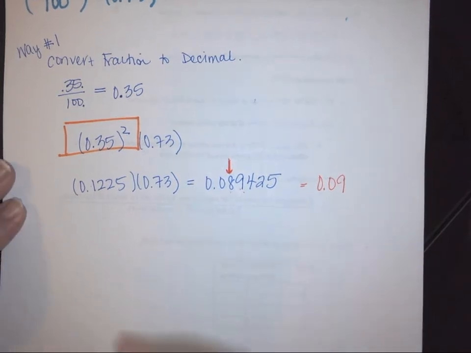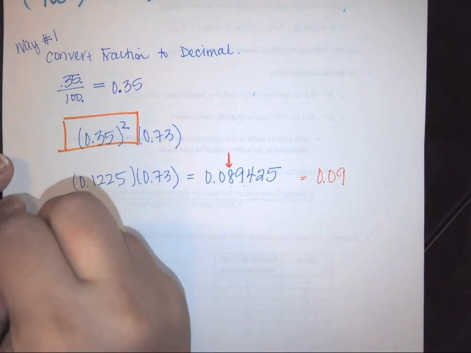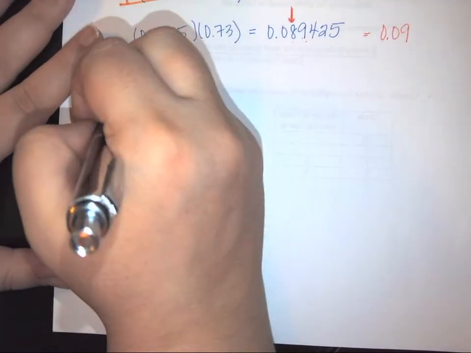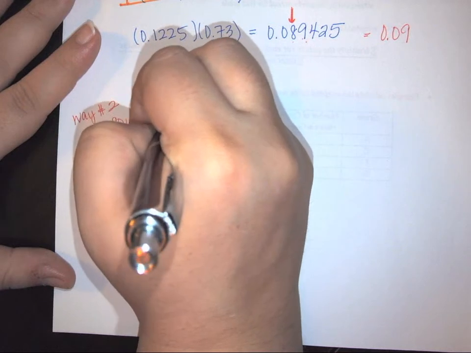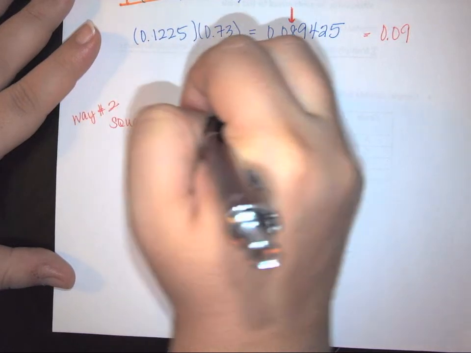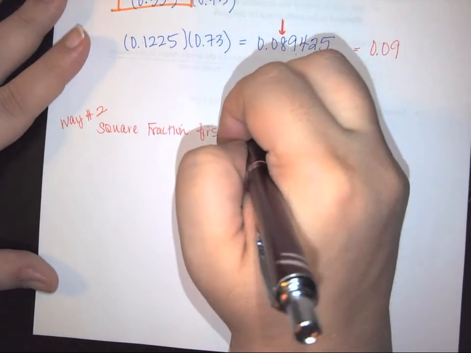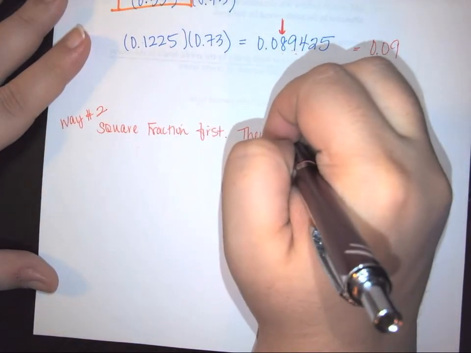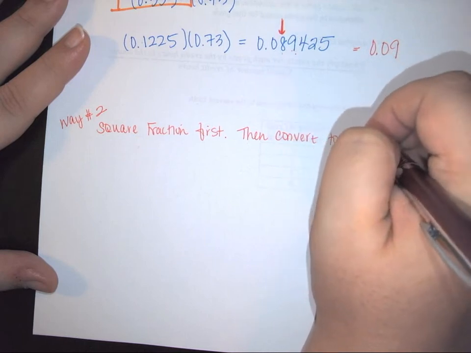The other way that we could do this would be to square the fraction first, then convert to a decimal.